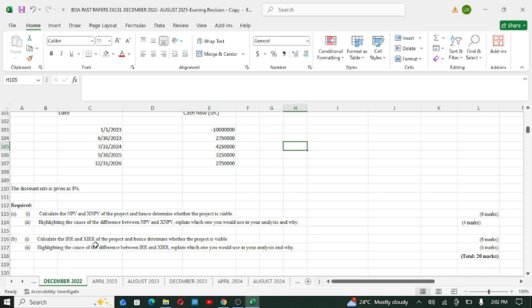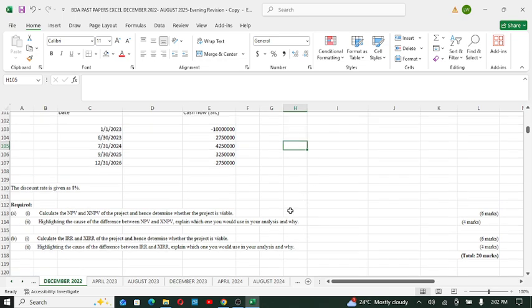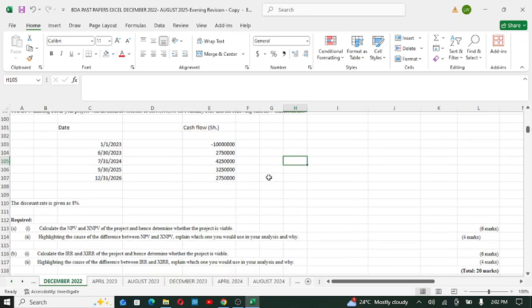Part B: calculate the IRR and XIRR of the project and hence determine whether the project is viable. Highlight the cause of the difference between IRR and XIRR. Explain which one you would use in your analysis and why. The question carries 20 marks.